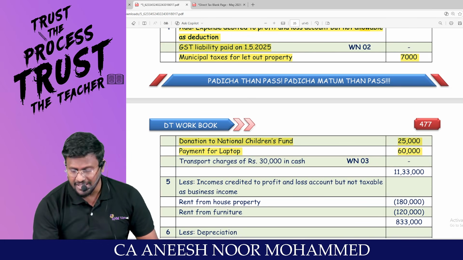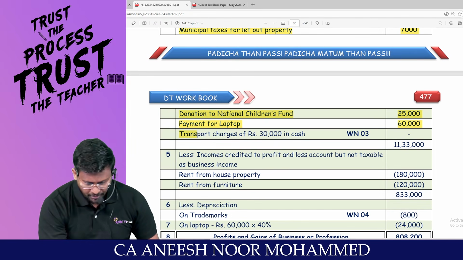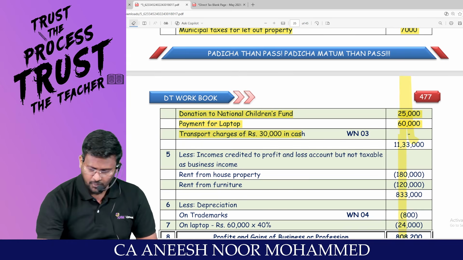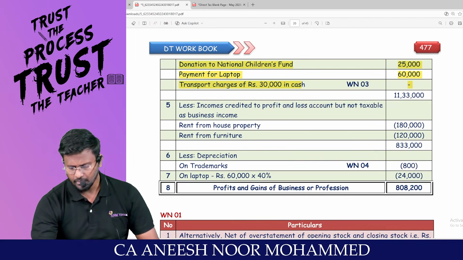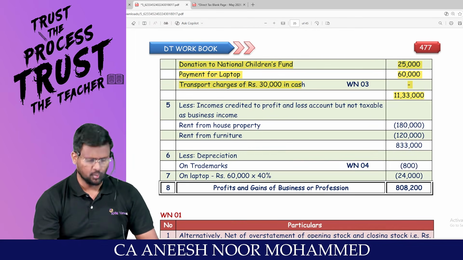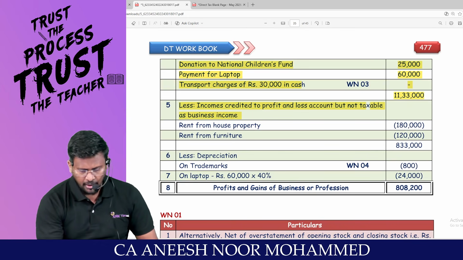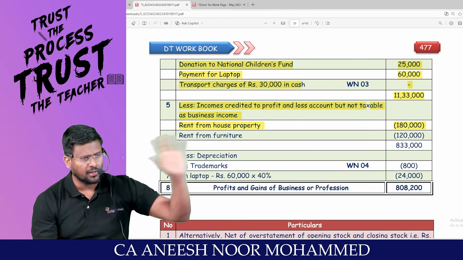Payment for laptop is a capital expenditure, but depreciation on laptop will be allowed as a deduction. Transport charges 30,000. No disallowance will come. Why? Because for a GTA, in a single day to a single person, you can pay up to the limit. Subtotal is 11,33,000. Less income credited to P&L but not taxable as business income. You tell me, rent from house property should be deducted from PGBP and should be included in IFHP.